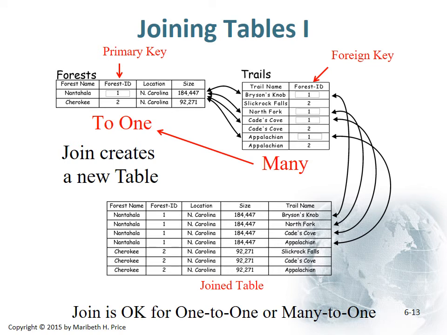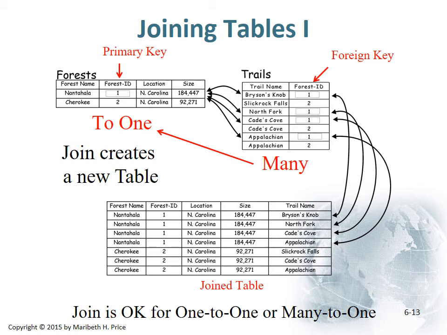The primary key then gets used, or it can be used, in other tables that contain it. Okay, so in this case, the primary key is called forest ID. The label doesn't really matter as long as the number in it, the code, means the same thing in other tables wherever it occurs. But in our first table, it's the primary key.